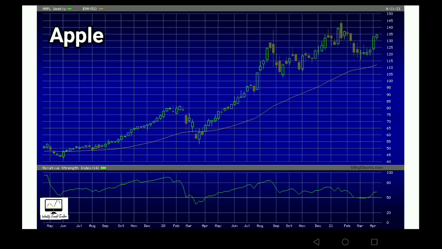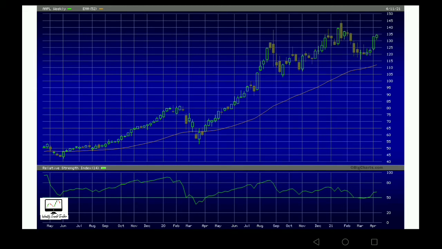Here's Apple. Very similar, more like a rounding bottom. Look at February and March, a rounding bottom off the 50 RSI. Then we start to rise there in March, and we get 1, 2, 3, 4 weeks in a row, a beautiful tradable bounce right here on Apple.